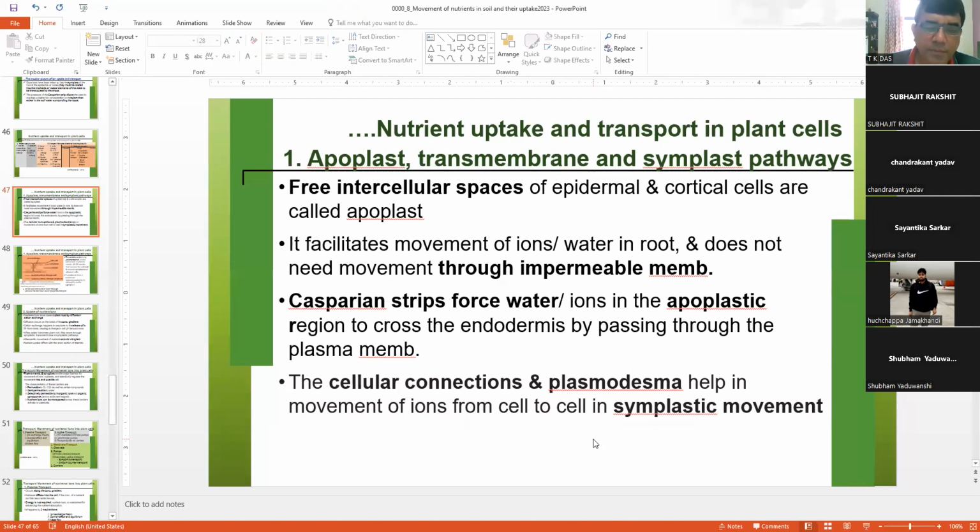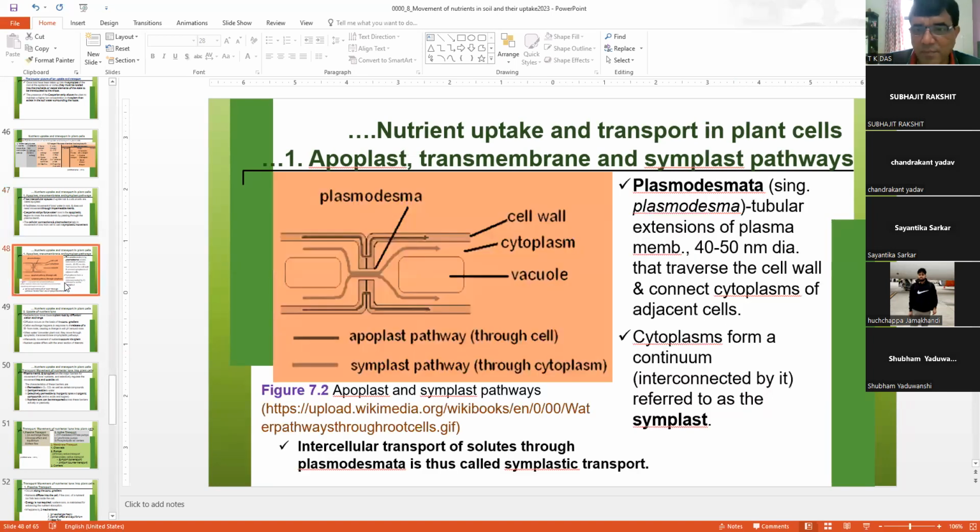In symplastic movement, the materials or ions or nutrients are moving from cell to cell, which is through plasmodesma. These are small structures or small orifices or passages through which materials pass from one cell to another cell. You can see it more clearly.